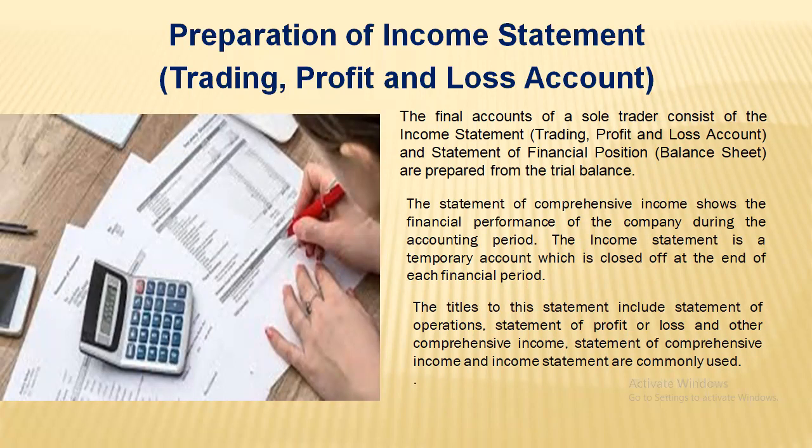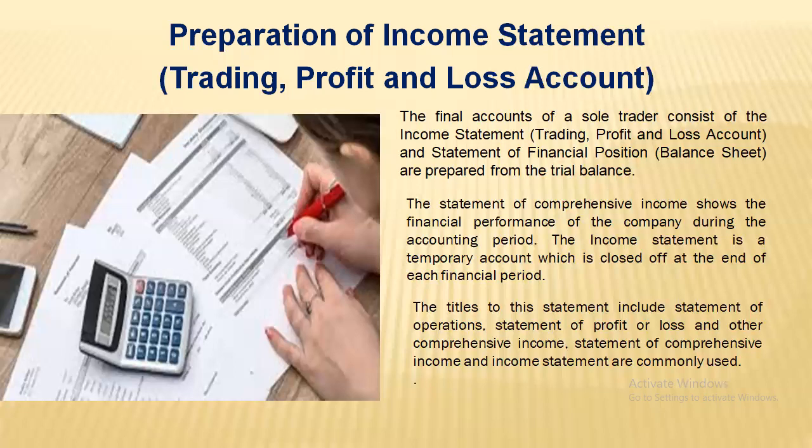So the final account consists of the trading profit and loss account and the statement of financial position, which we normally referred to as the balance sheet previously, while the trading profit and loss is what we call the income statement or the statement of comprehensive income or statement of profit or loss.